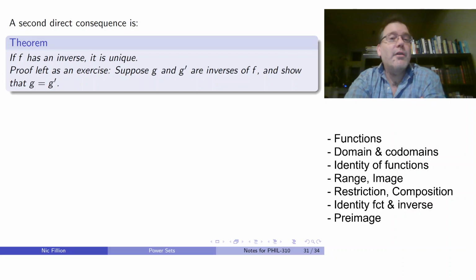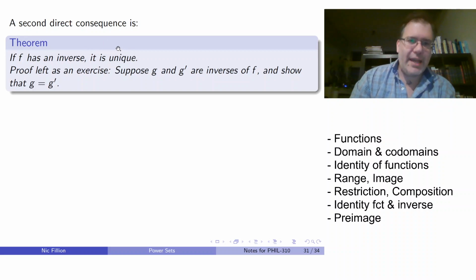So now we get to that second consequence of our definitions. I mentioned that if F has an inverse, then it has exactly one inverse. Okay, so I'm not going to do the proof here. But remember what it means to prove that something is unique, that there's a unique thing satisfying a property, where here the property is being an inverse function of f.